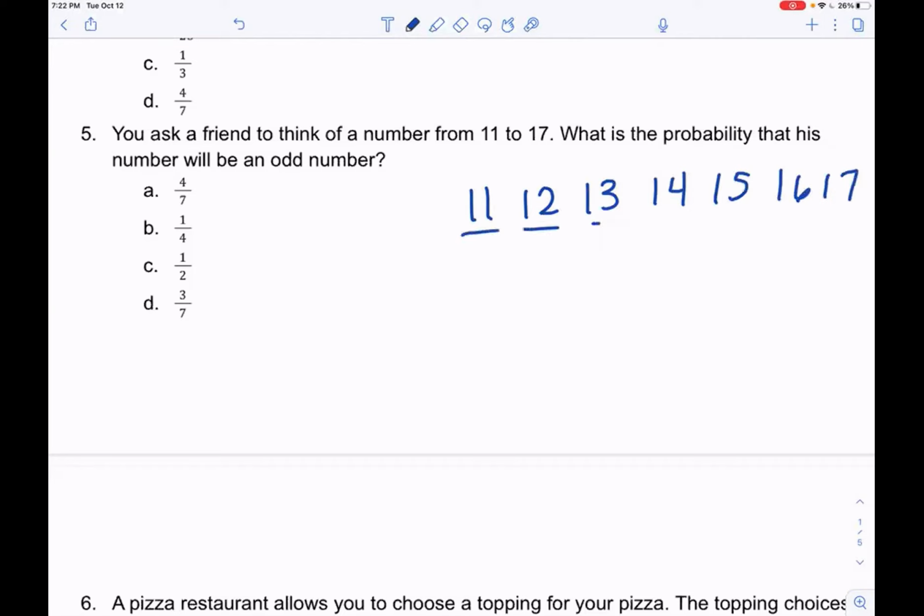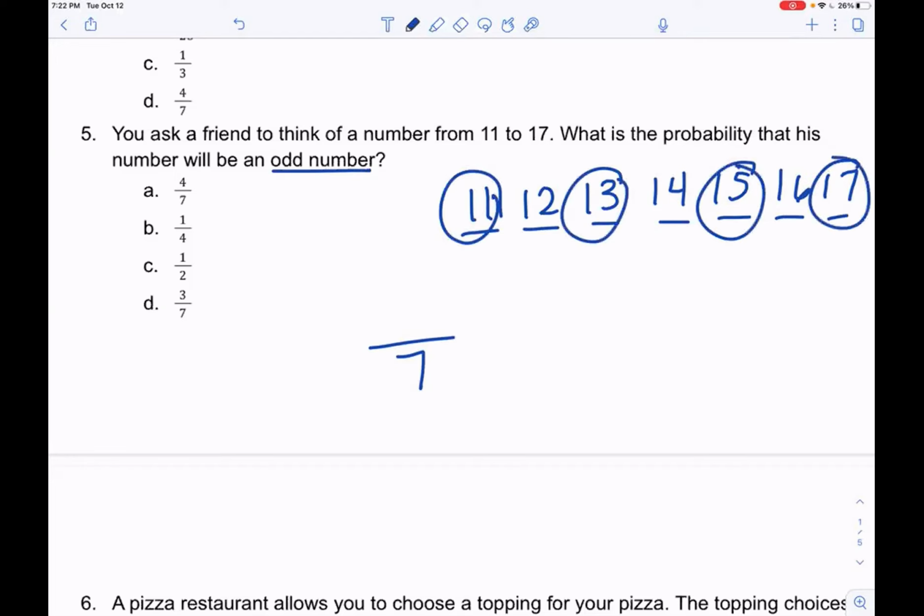There are 1, 2, 3, 4, 5, 6, 7 possible outcomes. And it's asking for an odd number, so you do 4 out of the 7. So easy peasy. It's A. Yeah, I got that one. Me too. All right, good.